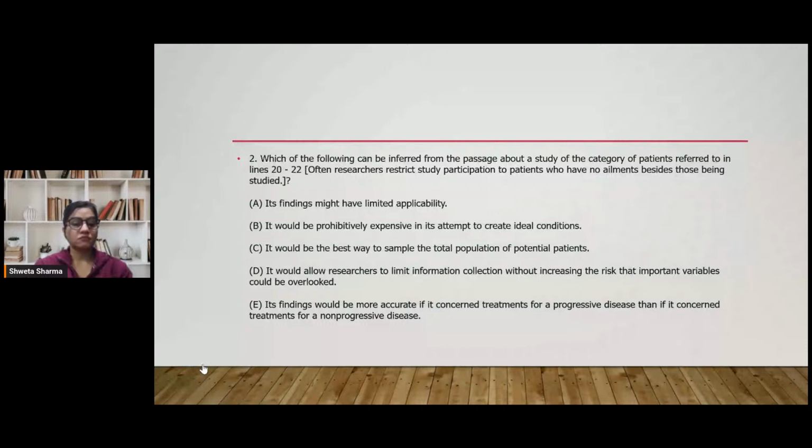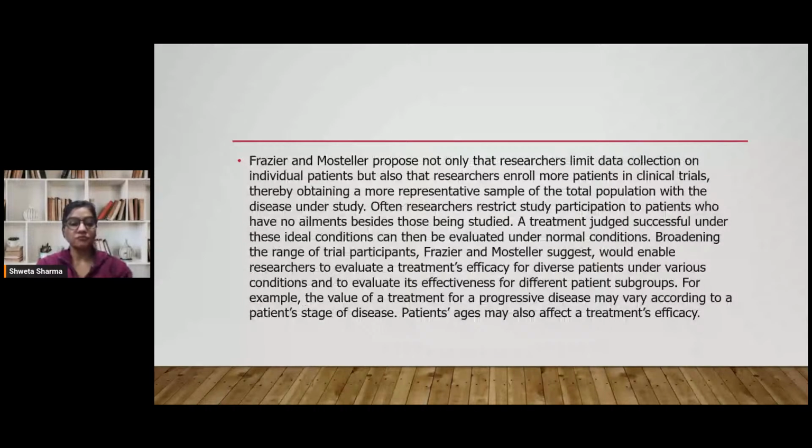Let me take you to the slide number as well, since you've read the question. So this is this line. Often researchers, okay. I'll highlight it properly, maybe with this color.